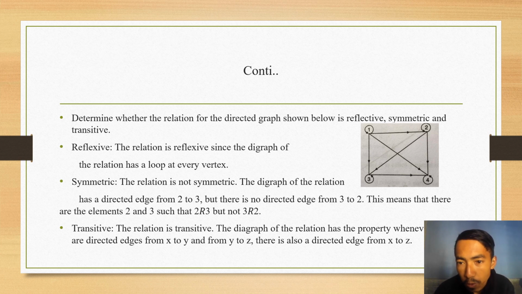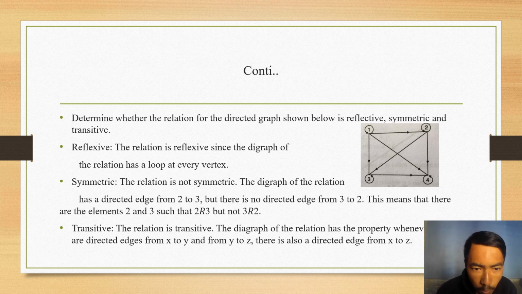Vertex 1 goes to vertex 2, vertex 2 goes to vertex 3, vertex 1 goes to vertex 3, vertex 1 goes to vertex 4, vertex 3 goes to vertex 4, and vertex 2 goes to vertex 4.